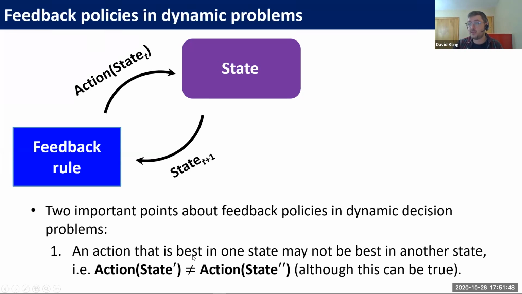So if I have two state values, state prime, state double prime, the action recommended is not necessarily going to be the same, although there are cases where this is true.